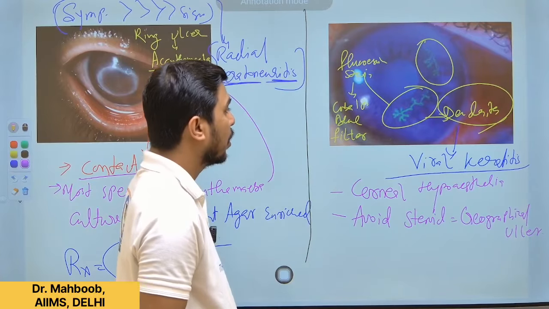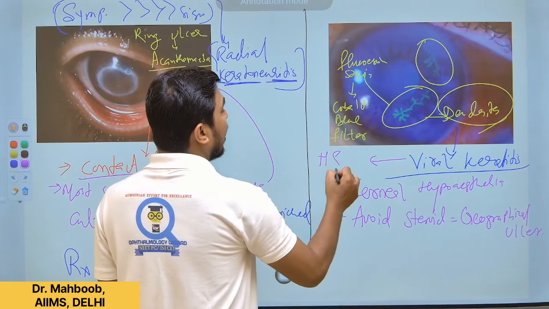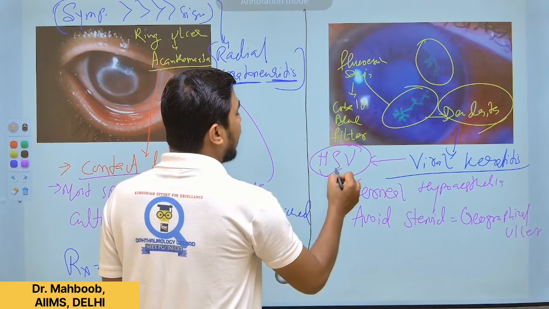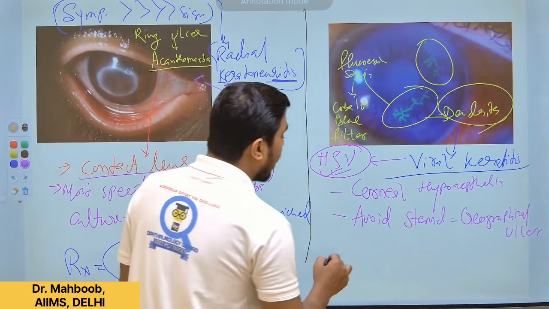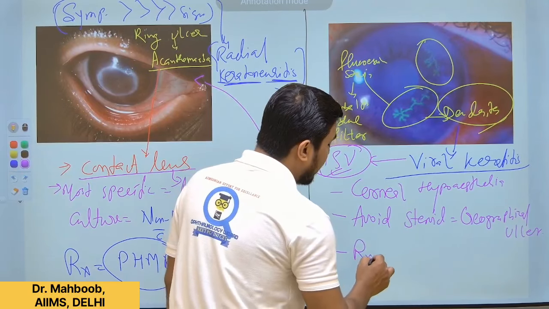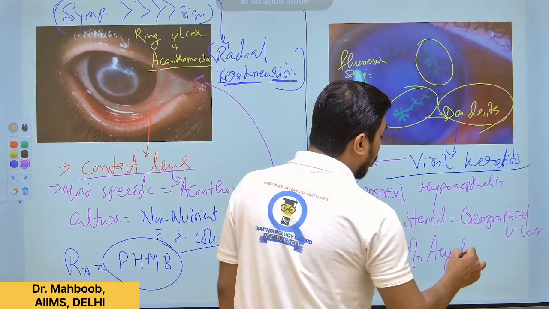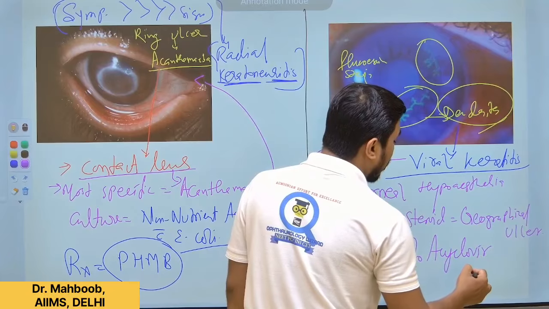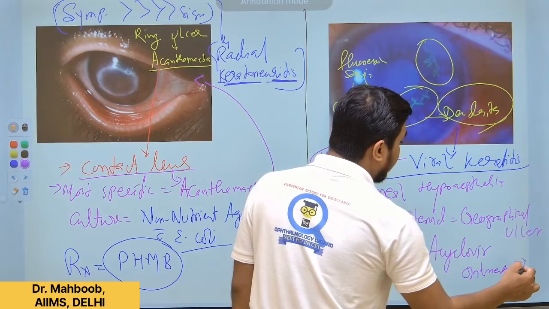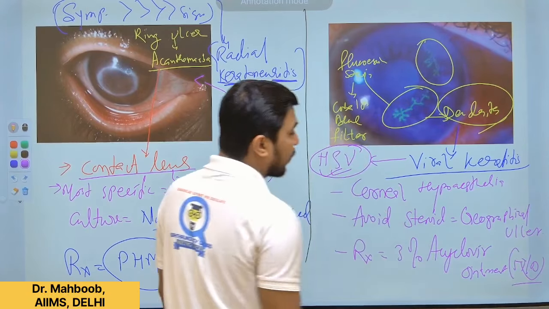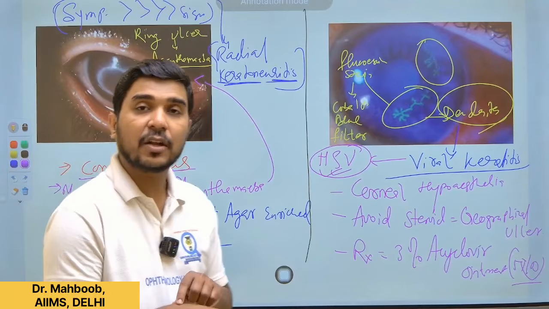Understood? What is the cause of this? HSV, herpes simplex virus, is the causative organism of this, and treatment is 3% acyclovir ointment 5 times per day for 14 days. So this is very important to understand, okay?